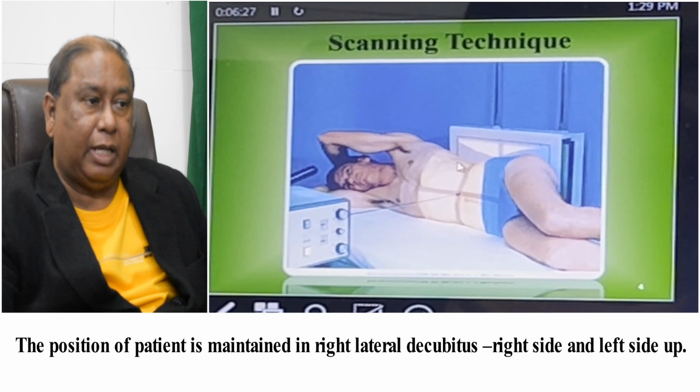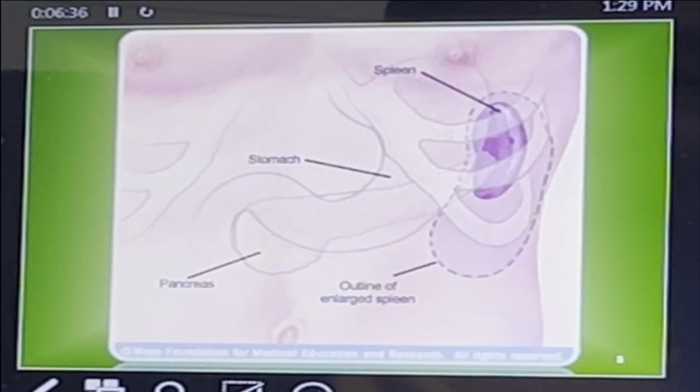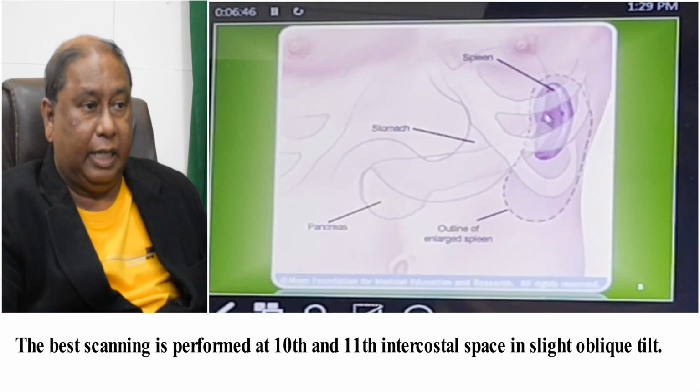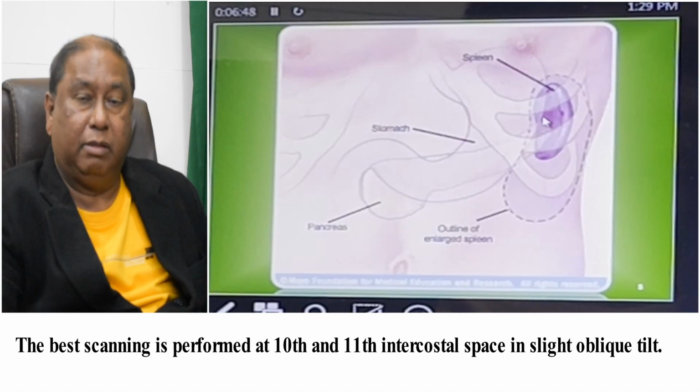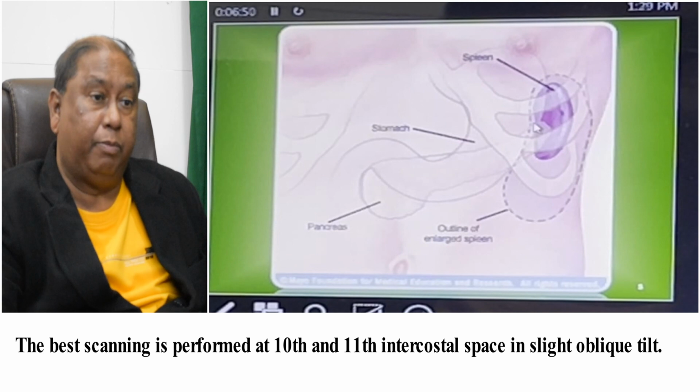That is, right side is up and left side is in the lower side. The best scanning you can perform in between 10th and 11th ribs. Here, 10th and 11th ribs, you can see the spleen properly by intercostal space in between two bones. It should be slightly oblique.